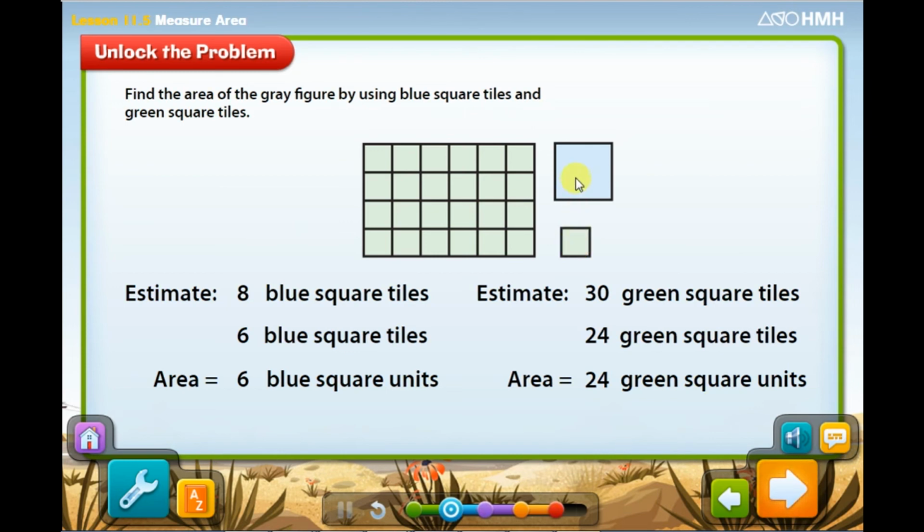If the area of the square unit is bigger, it will take a smaller number than the smaller area. If the area of the unit is smaller, it will take a larger number of tiles. So the bigger size will take few, the smaller size will take many.